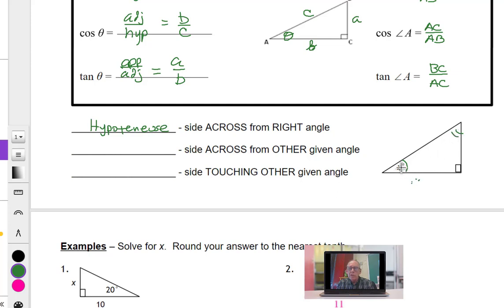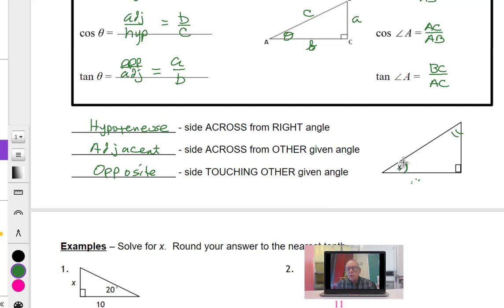If we use x as our given angle, the other given angle is this opposite corner. The side across from that is actually the adjacent side to our given angle. And the side that touches the other angle is the opposite side.